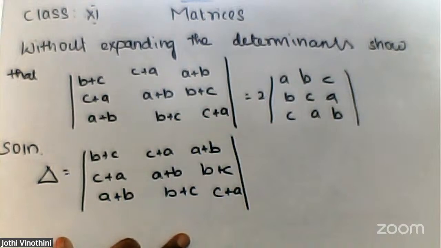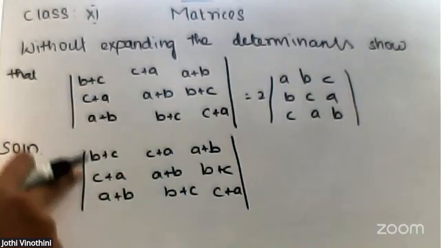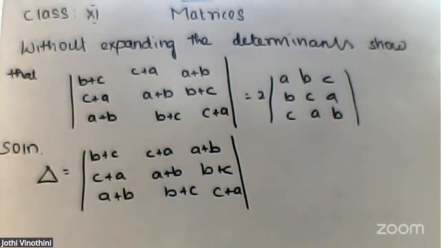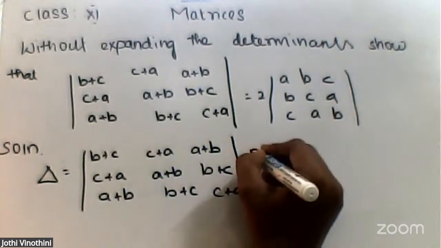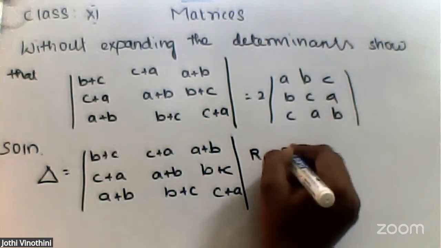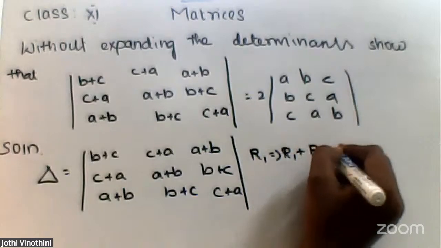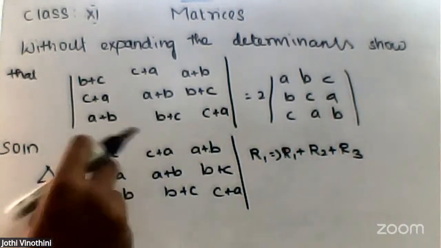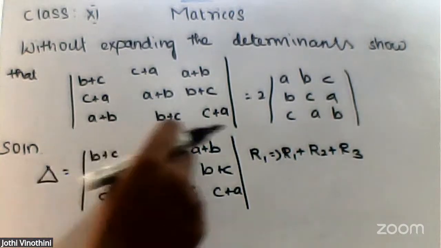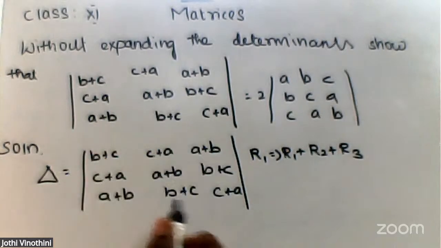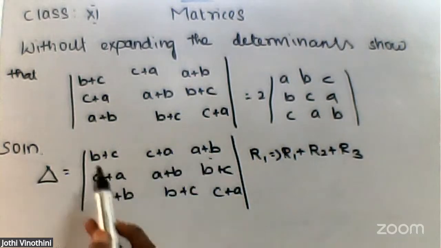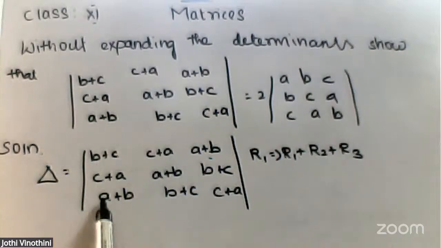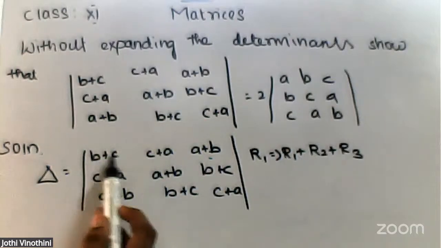So what are we going to do? We are going to replace the rows and columns so that we can prove this. First I am going to do R1 equals R1 plus R2 plus R3. We replace the first row by R1 plus R2 plus R3.